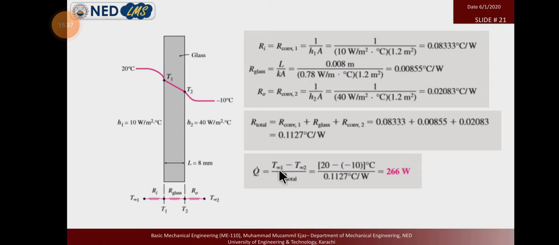Q is 20, the inside temperature, minus -10, the outside temperature, divided by R total. We get the overall heat transfer from this point to this point without calculating the surface temperature of the glass window.